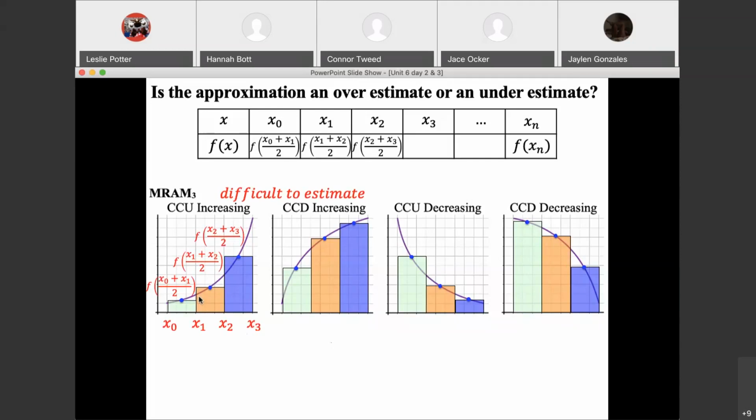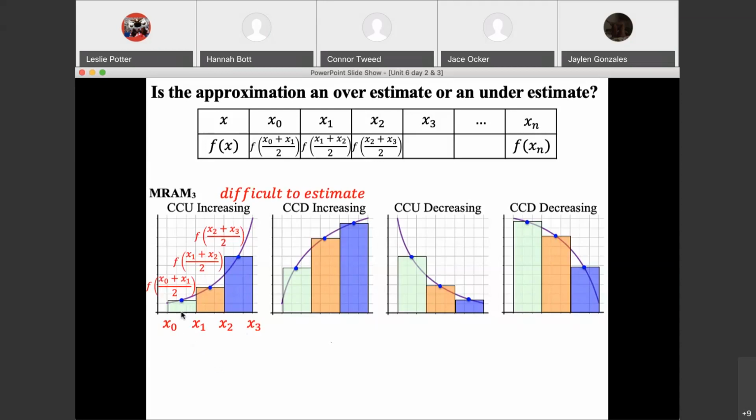So what we're saying is, my dot is between x sub 0 and x sub 1. So if I know I have to be halfway between, if I add them together and divide by 2, I'll get halfway in between. That's averaging. And then I can stick that into my function to find my y value. That's going to be the height of my rectangle, that function value.